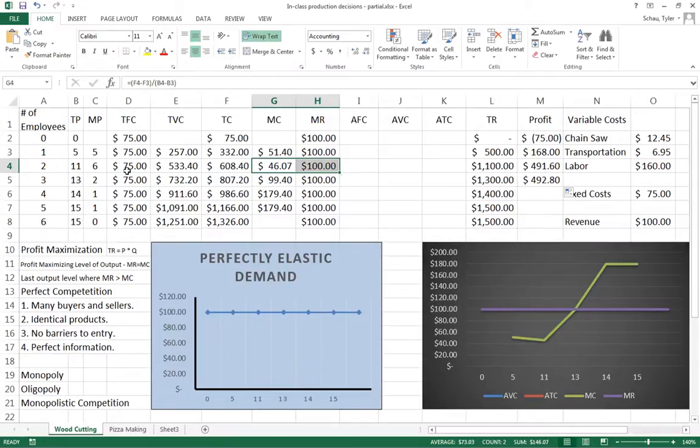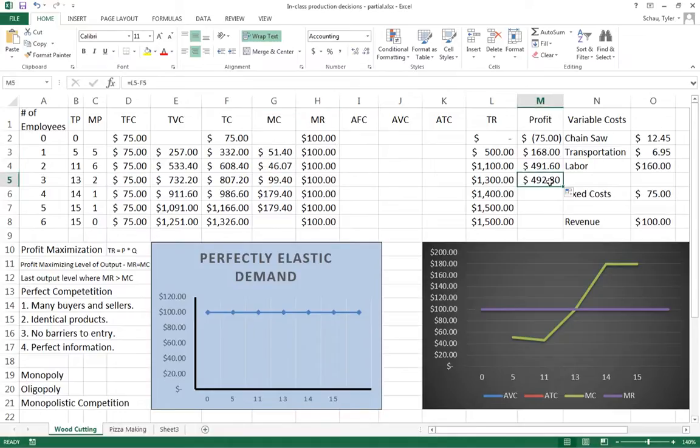But what you need to understand is when we calculated marginal cost, we were calculating it on these last 2 cords of firewood, not on all of them, just these 2. And these 2 cost us $99.40 to produce, and we can sell them for $100. So we get to keep the profits from these levels of production, and then we get to add in the profits from this level of production.